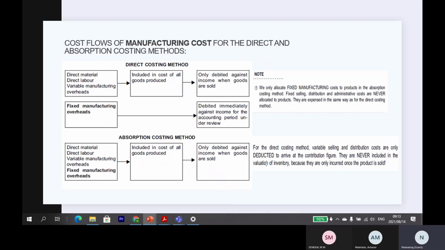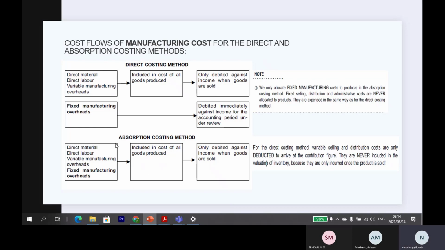Your fixed manufacturing overheads are then debited immediately against the income for the accounting period under review. So after you've got your contribution, you debit your fixed manufacturing overheads in order to determine your profit.